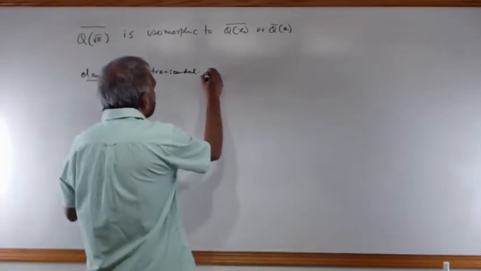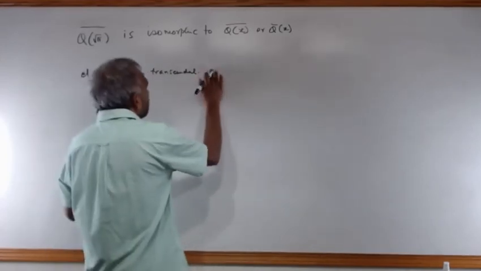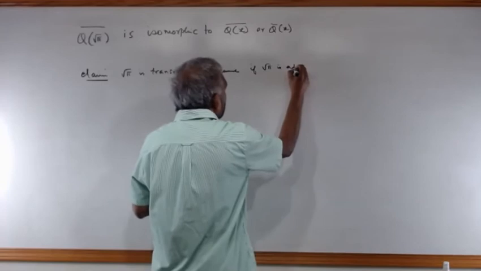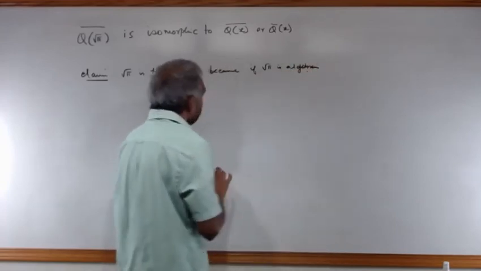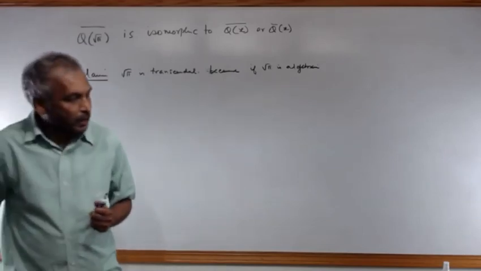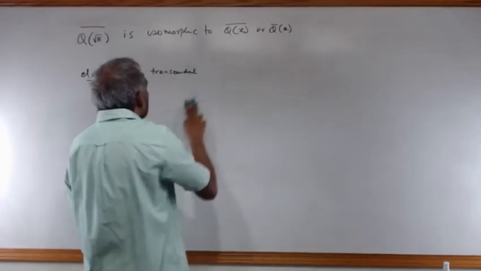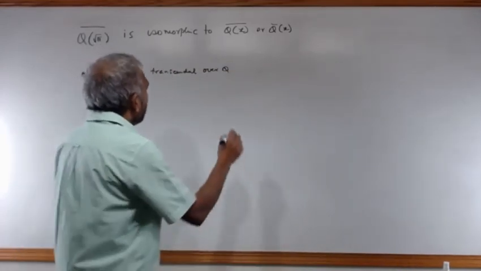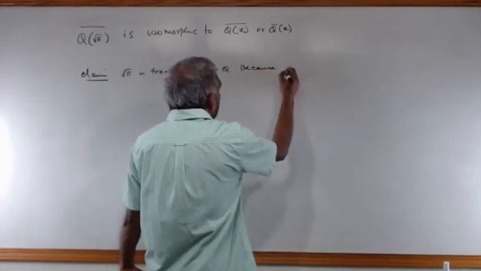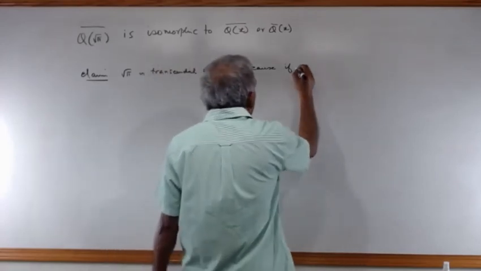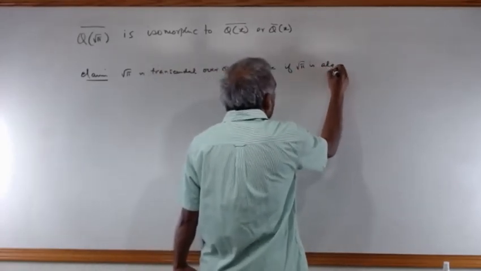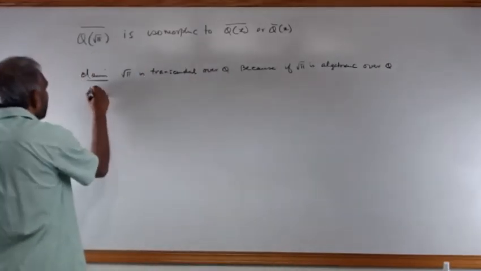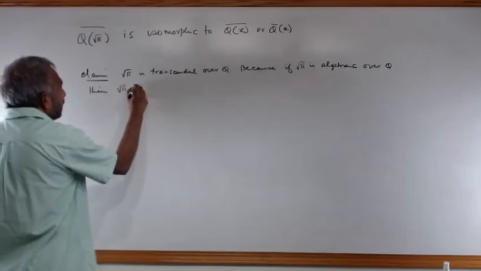Transcendental over Q, because if root pi is algebraic over Q, then root pi is an algebraic number.